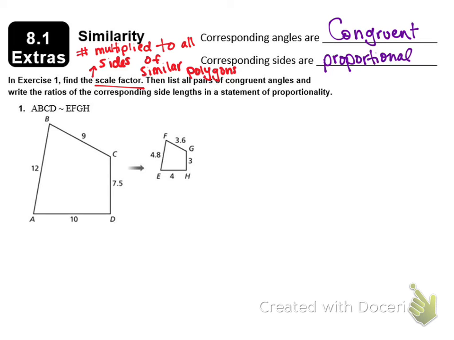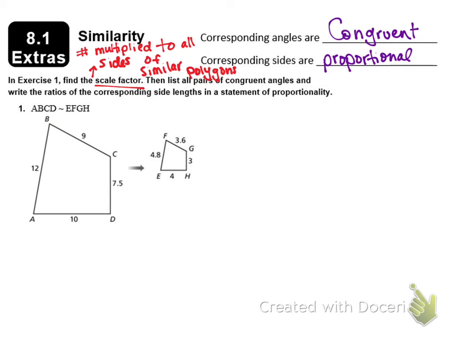So we need to figure out what was multiplied. If it doesn't say, it will show you, most of the time, like an arrow. I want to know what number I multiplied to all of these sides to get all of these new sides.